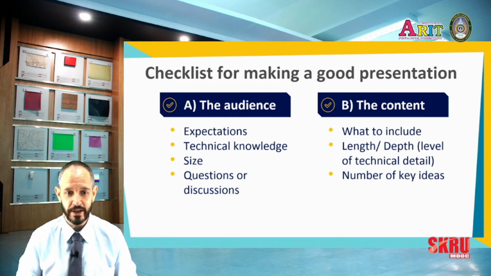Did you think about questions or discussions that your audience may ask you during or after your presentation? You have to be pre-planned and think about things. So did you think about that and address any issues when you were making and preparing your presentation? So before, make sure you checked that you thought about, planned, and included all these things in your presentation.